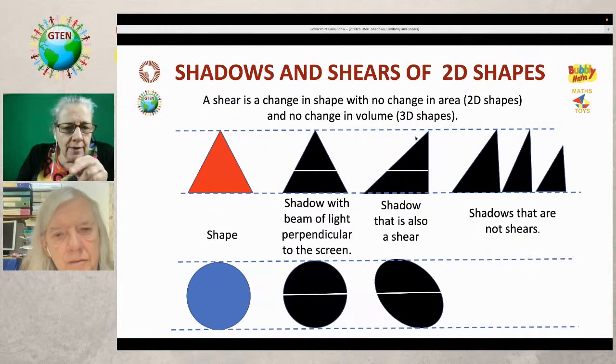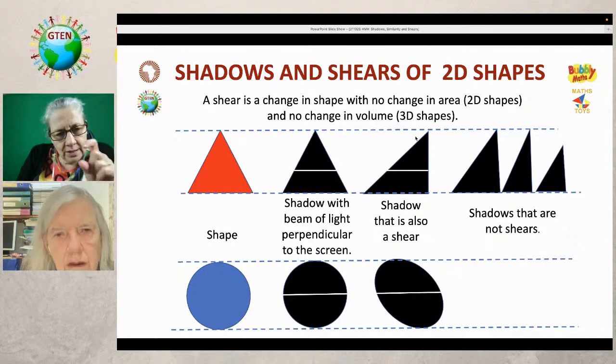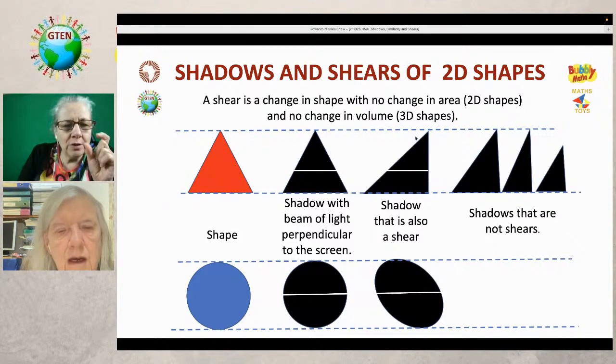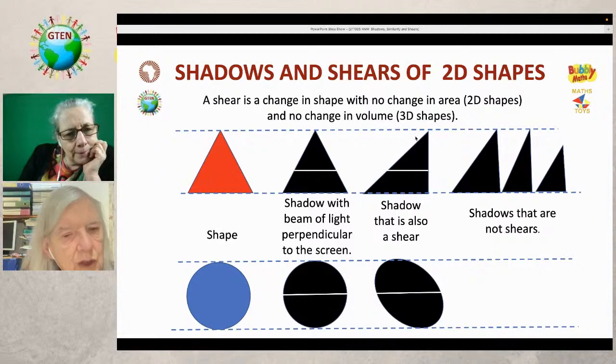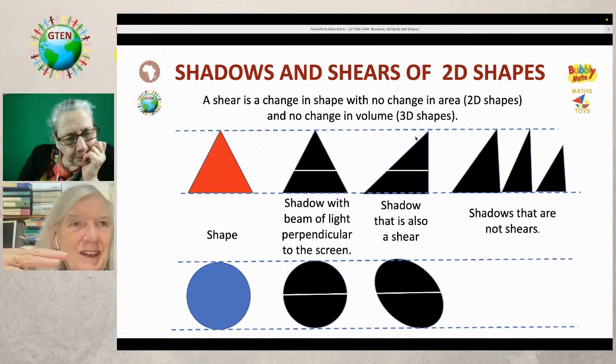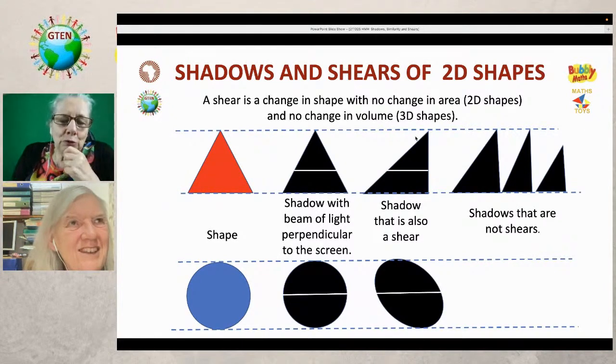As long as that length is the same, and it touches the parallel lines, the one on the right is a shear of the one on the left. But what's interesting here is the top half shears in one direction, and the bottom half shears in the other direction.